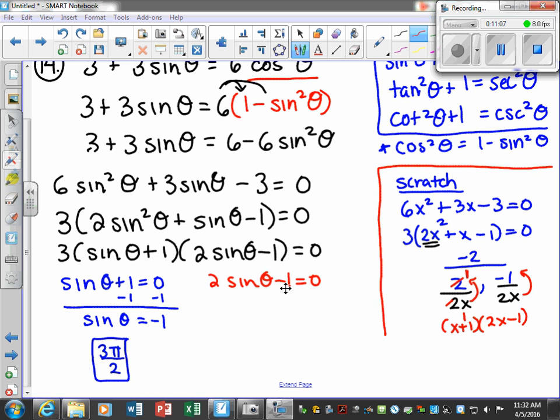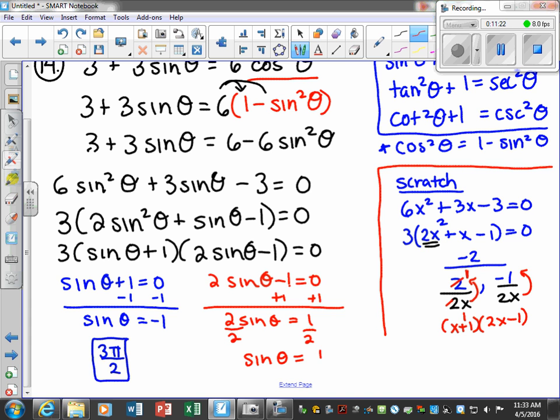And then we move over here, so we're going to add 1 to both sides. 2 sine of theta is equal to positive 1, and then we divide both sides by 2. So for this one, we want to know where the sine of theta is equal to positive 1/2. Well, go to your unit circle. Sine of theta is positive 1/2.